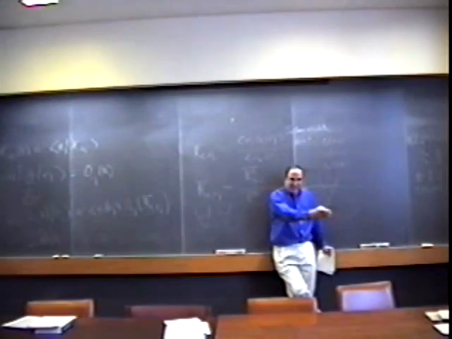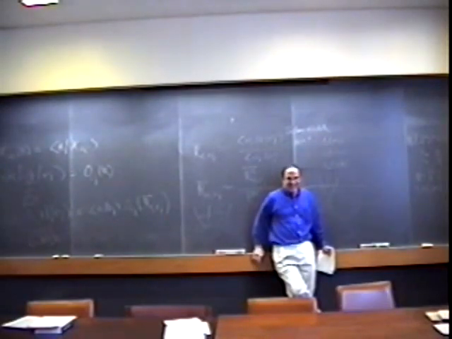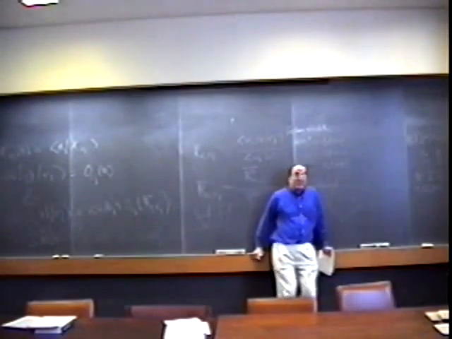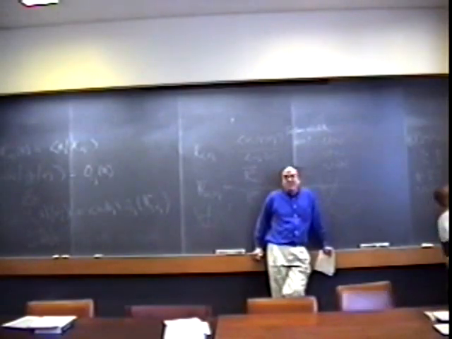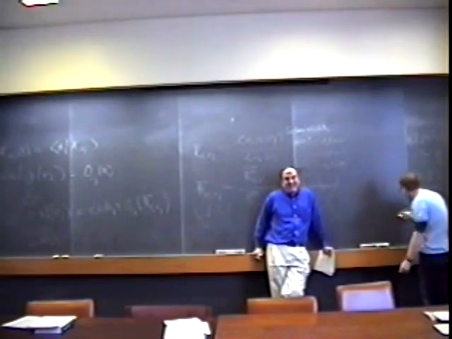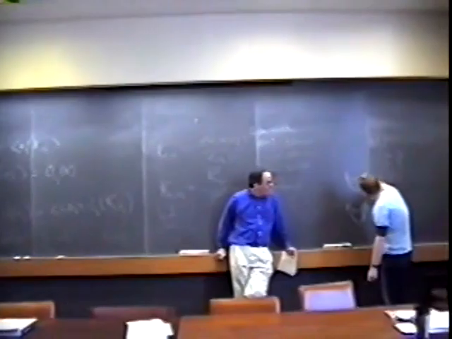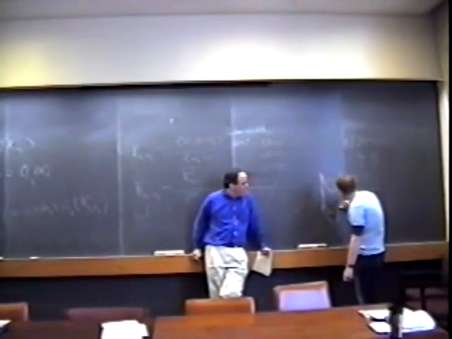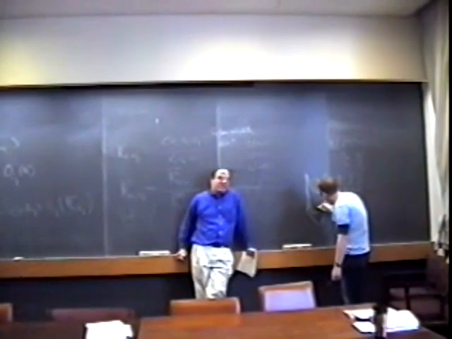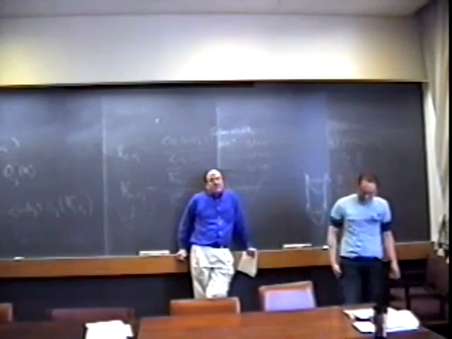Well, what if you have two stationary phases? If you have two stationary phase points, you're screwed. Each wave function separately has a lobe. Then you end up with an average in the middle. That's exactly right.